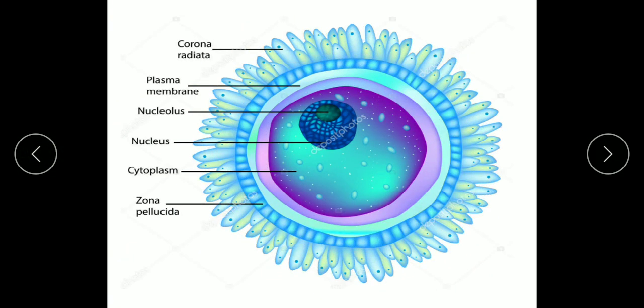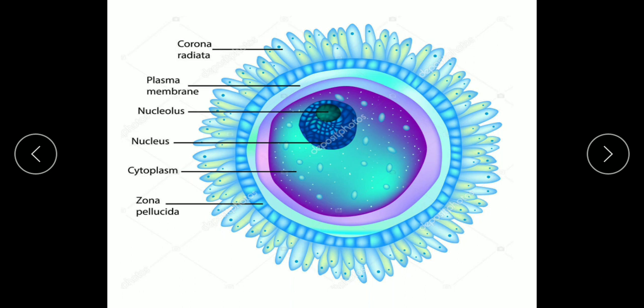In review of the schematic representation of the egg: the corona radiata is formed of follicular cells, then the plasma membrane, nucleus, cytoplasm and zona pellucida. The corona radiata, zona pellucida and vitelline membrane are the three protective membranes of the egg cell.